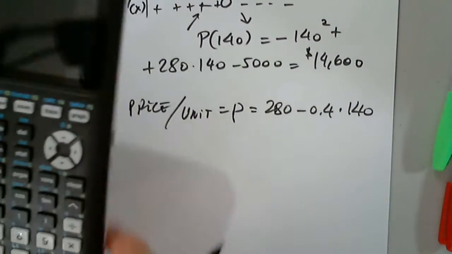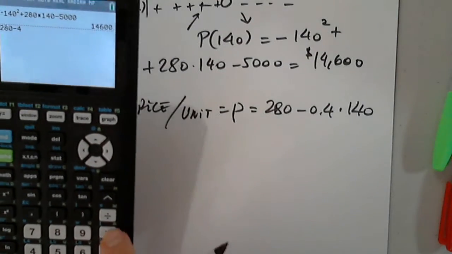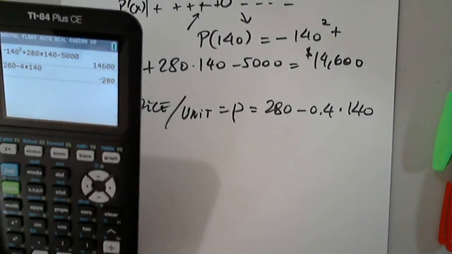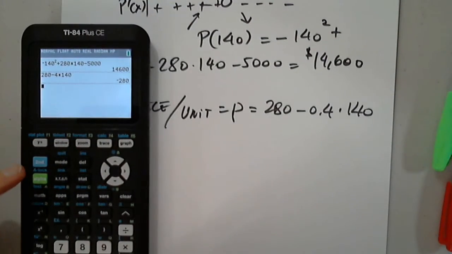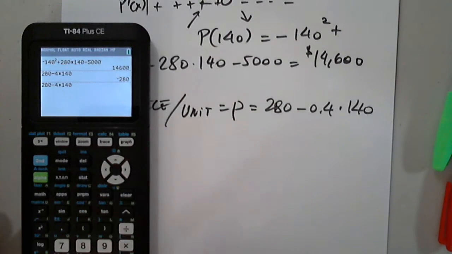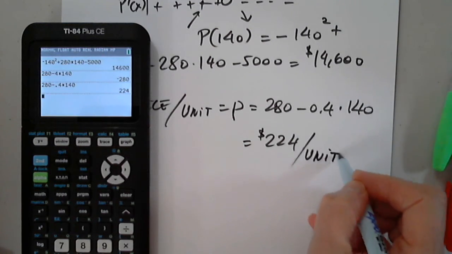And what is that? That's not possible because I did not punch it in correctly. Okay, so 224 per unit.